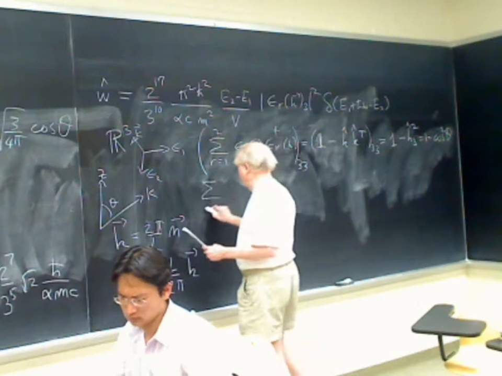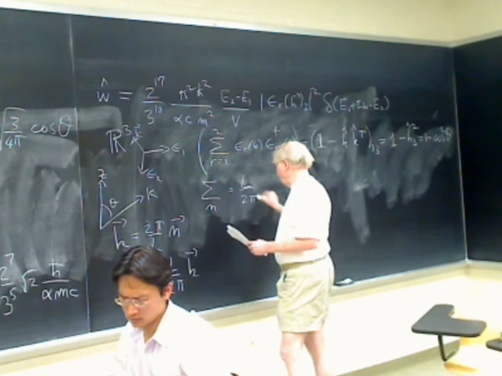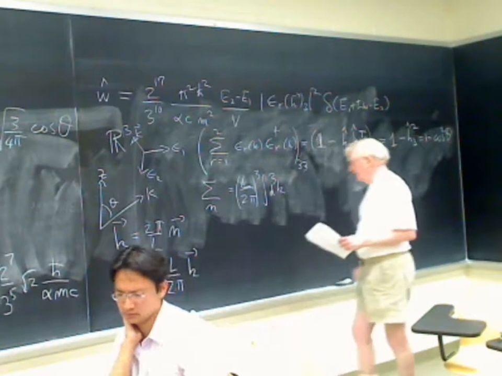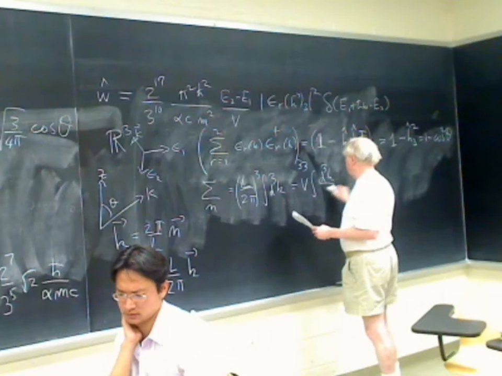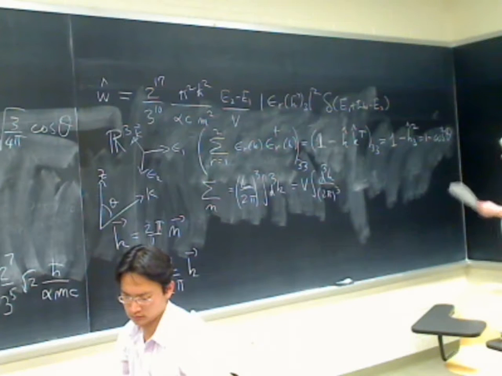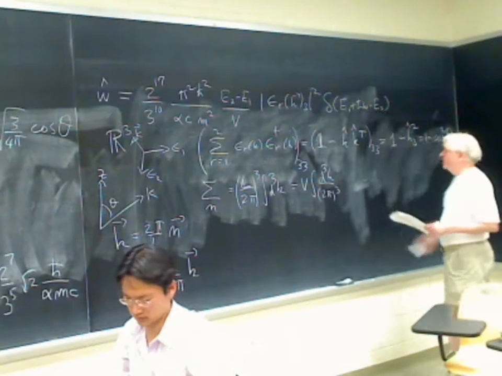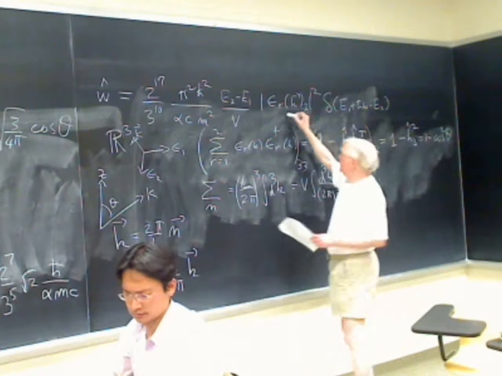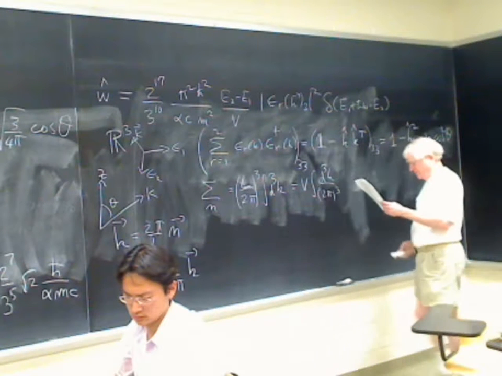And so a sum over the integers is L over 2 pi cubed integral d cubed k, which is to say volume integral d cubed k over 2 pi cubed. So now that's what we've got to do with this. When we sum over the polarizations, we get 1 minus cosine squared theta for this term, and then we have to integrate the rest of it d cubed k and multiply by v.